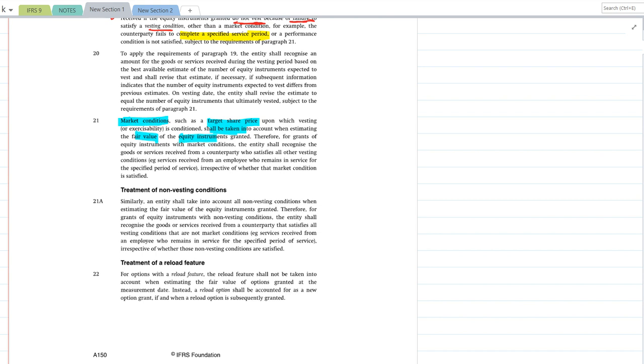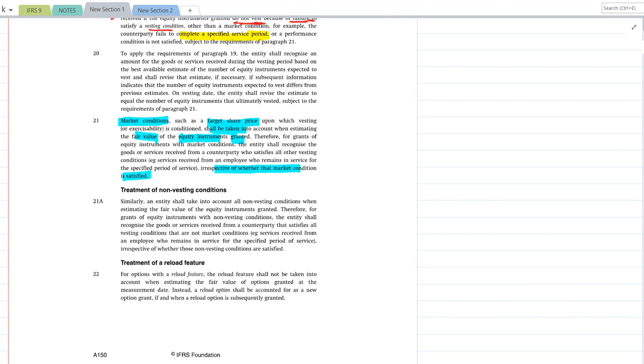Of the equity instrument granted. Therefore, for grants of equity instruments with market conditions, the entity shall recognize the goods received from the counterparty who satisfies all of the vesting conditions, e.g., the services received from an employee who remains in service for the specified period, irrespective of whether that market condition is satisfied.